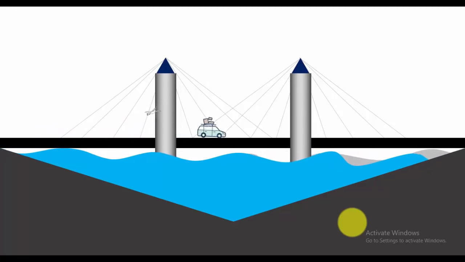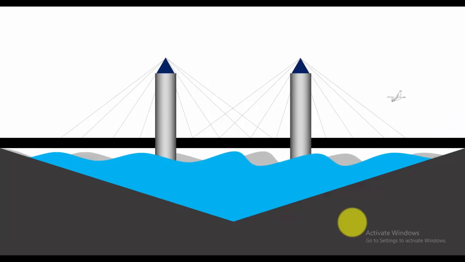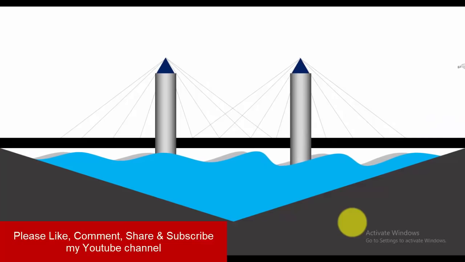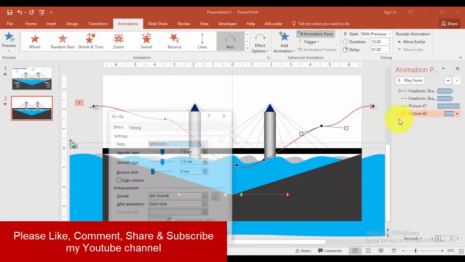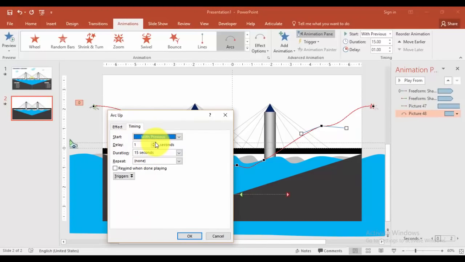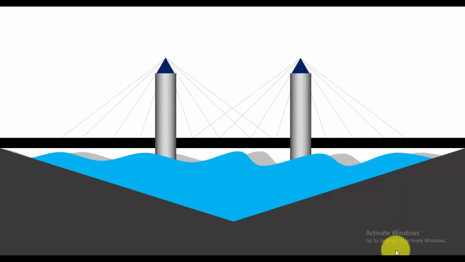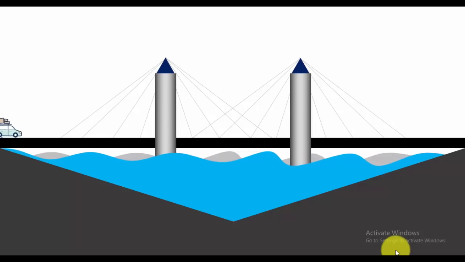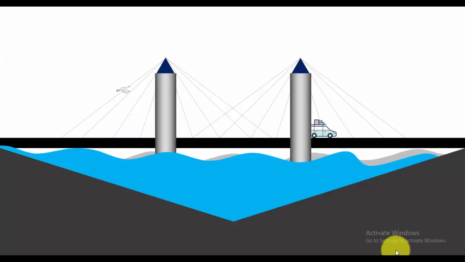Okay, you can see the bird is coming here and then it's flying high again. Instead of a 1 second delay, I can say a 3 seconds delay. See, the car is coming and then the bird is following it.